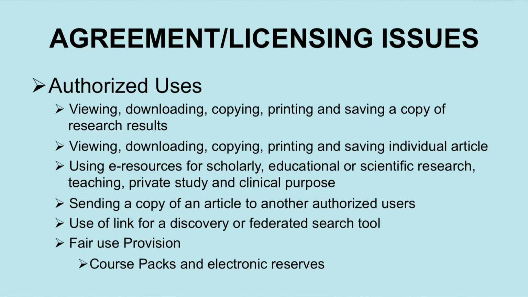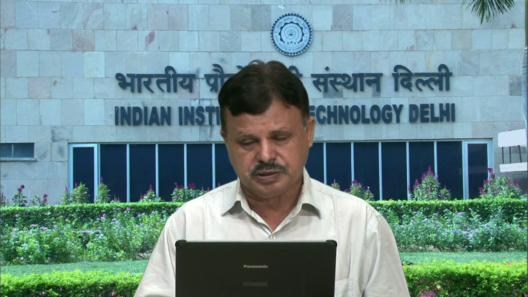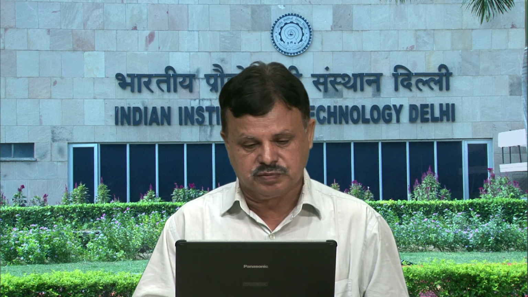Then there are certain discovery tools available to you, which help you to access the resources in a more meaningful, more purposeful way. They discover the resources in a much faster and much more integrated manner. So, you have to see in the license agreement whether your database, your information product, is linked with a discovery system or not, whether it allows you to link your product with the discovery system which you are using.